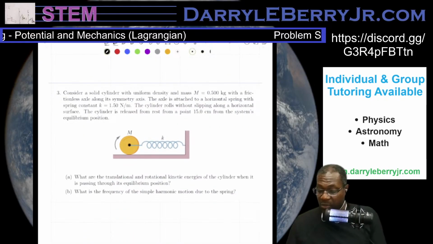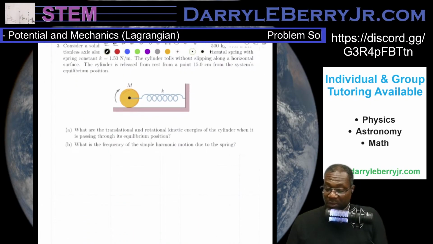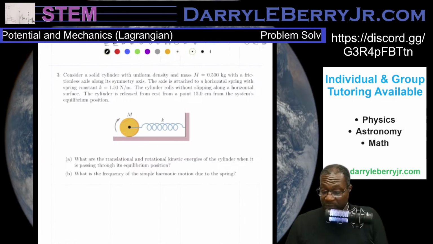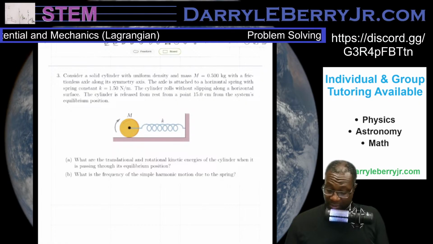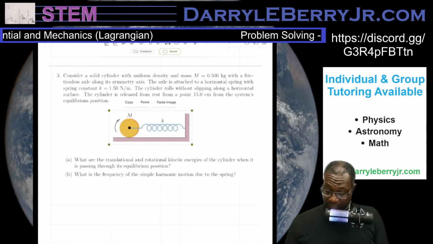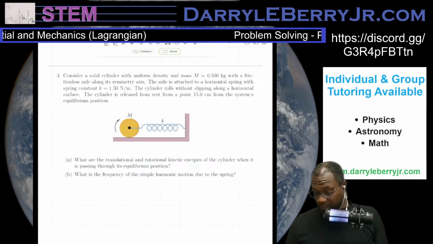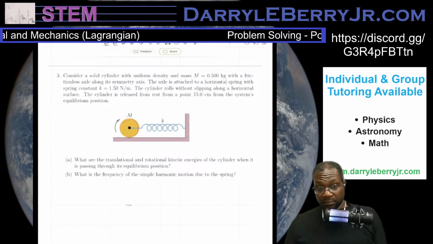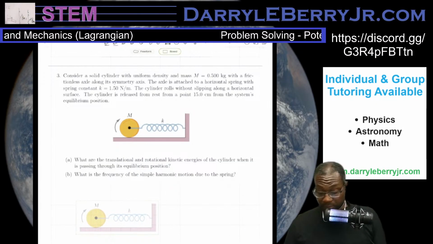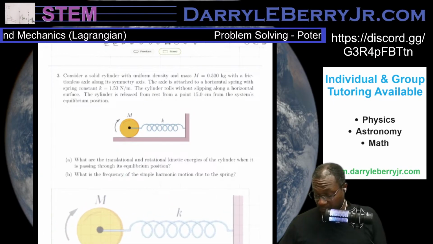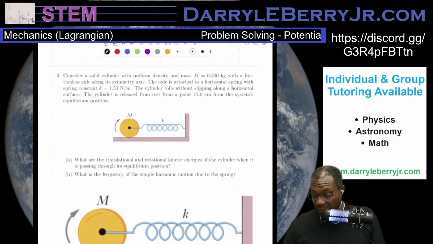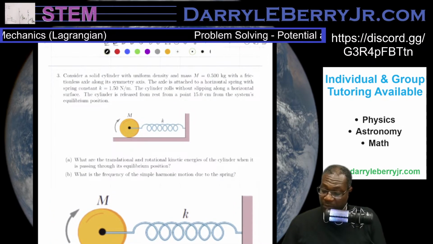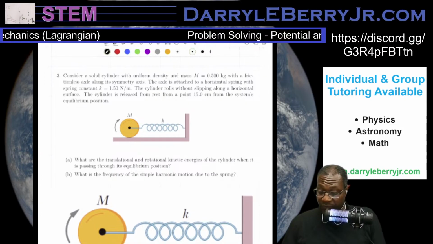Now the harder one is this one. So I have a cylinder. Let me actually just copy this image out. Cylinder, uniform density and mass with a frictionless axle along the symmetry.